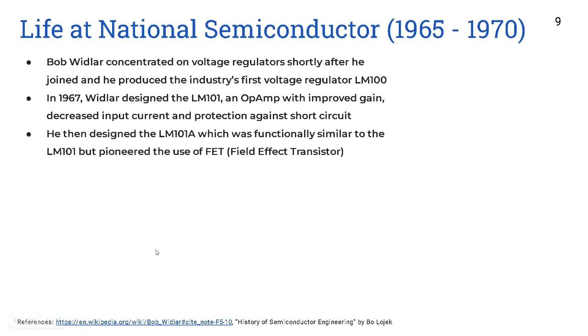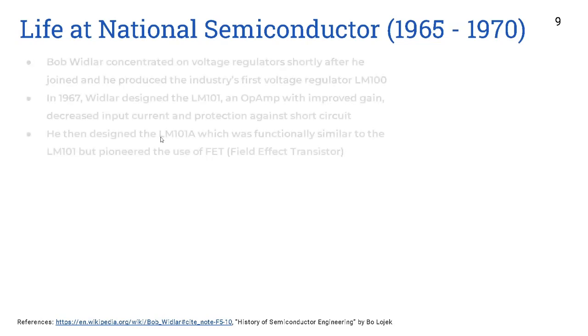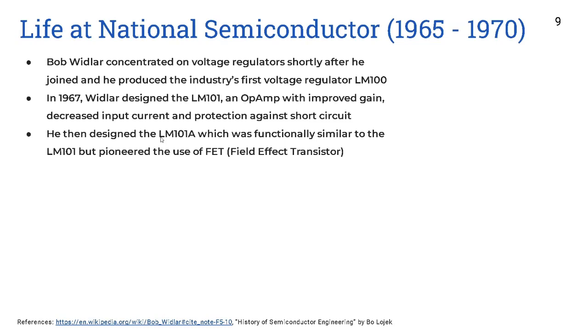So after this 1967, as we saw previously in the timeline before, in 1968, Dave Fullagar at Fairchild Semiconductor released the MUA741 op-amp, which was one of the most successful op-amps of all time. And later Bob Widlar designed the LM101A, which was functionally similar to the LM101 op-amp, but he pioneered the use of the FET, field effect transistor. So this was the first time a field effect transistor was used in an integrated circuit.